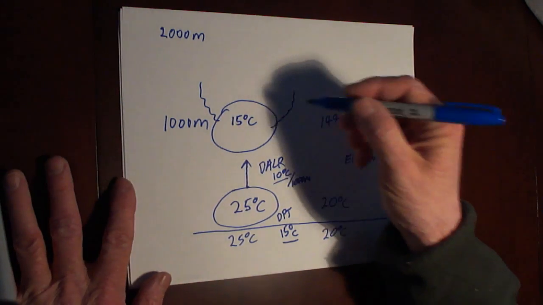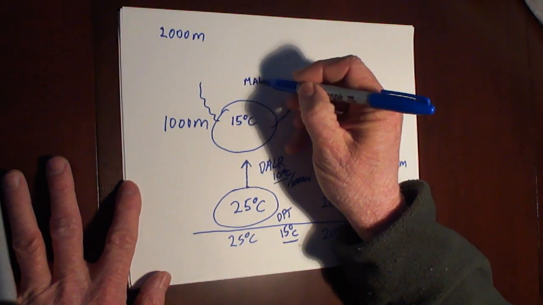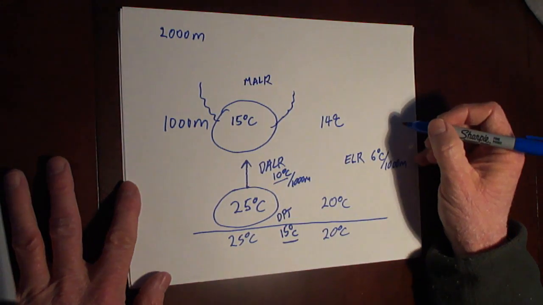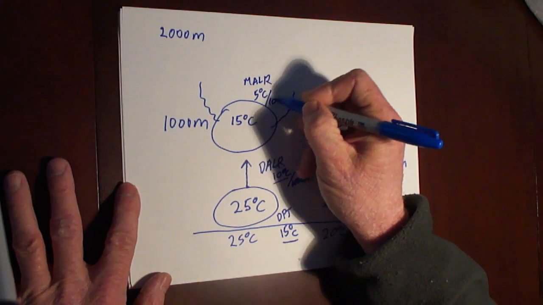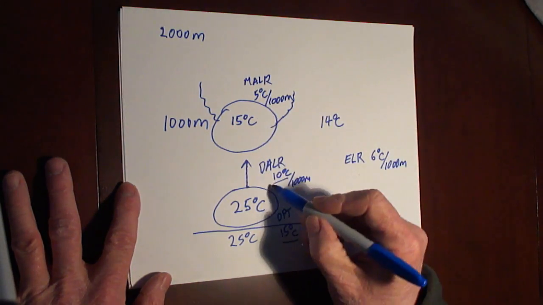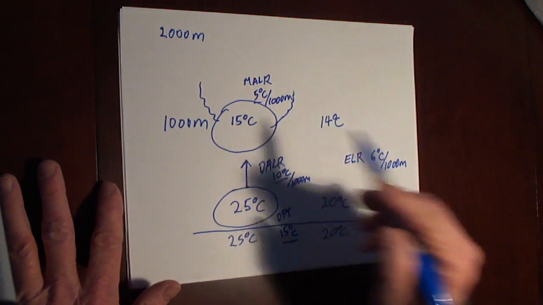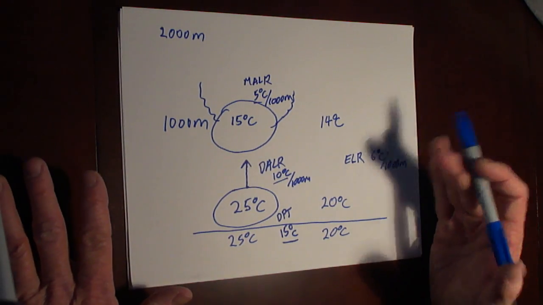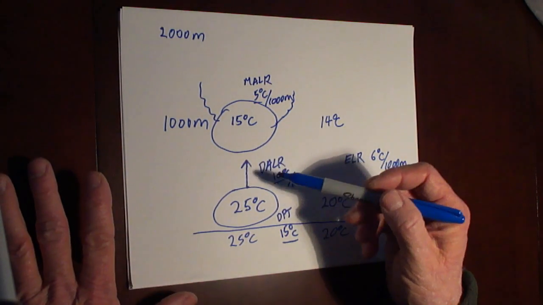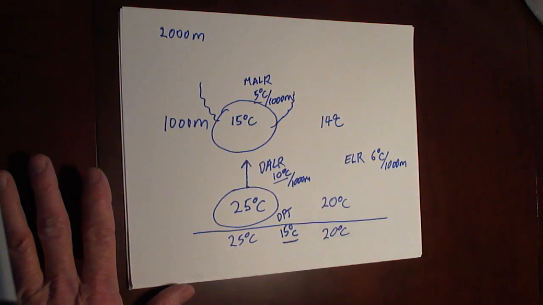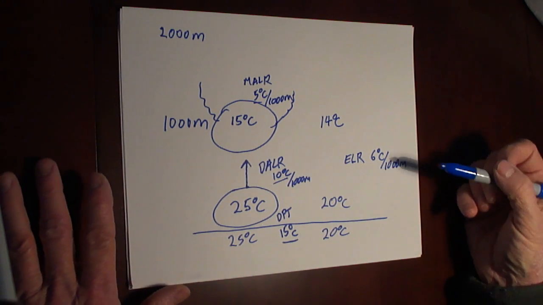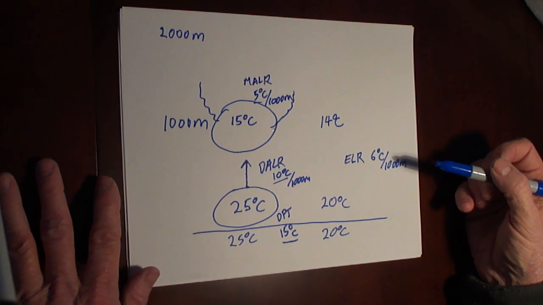I'll call it the MALR, moist adiabatic lapse rate. That is 5 degrees Celsius for every 1,000 meters. Why the difference? 10 down to 5. It's only half of what it was below because condensation is occurring. There's water condensing, changing from vapor to liquid, and as it does, that releases heat, slows the cooling process.